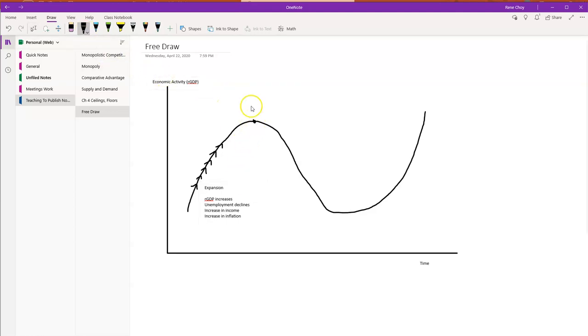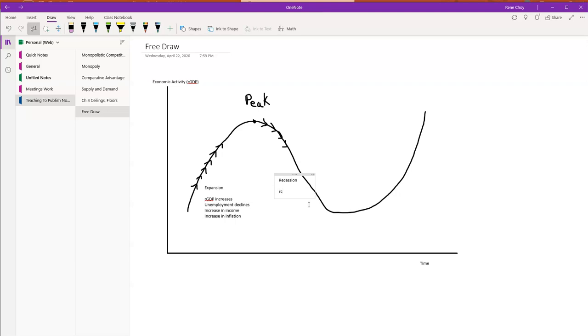Eventually, you hit a peak, and when you hit a peak of economic activity, we go into a slowdown. A slowdown is called a recession. And during a recession, the economy is shrinking.